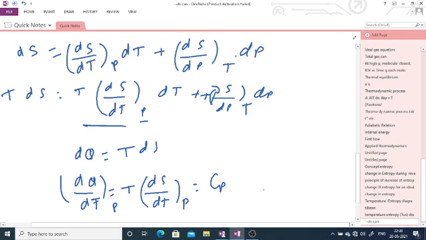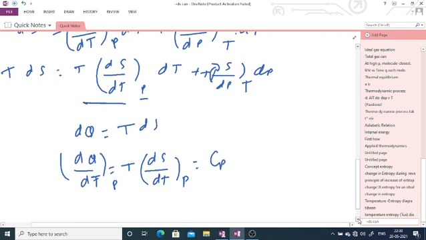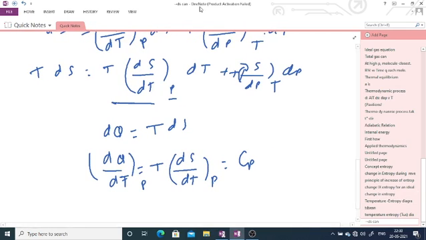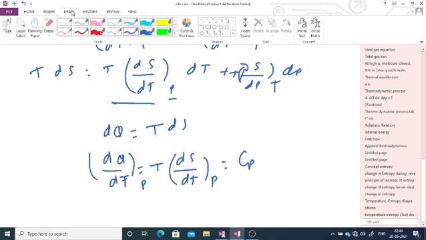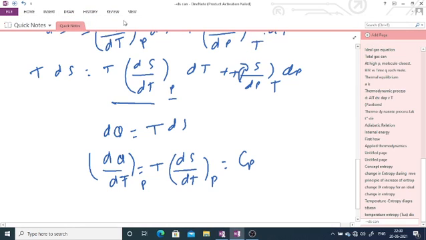Now use the Maxwell relation again, and replace the second term by using Maxwell's fourth relation.